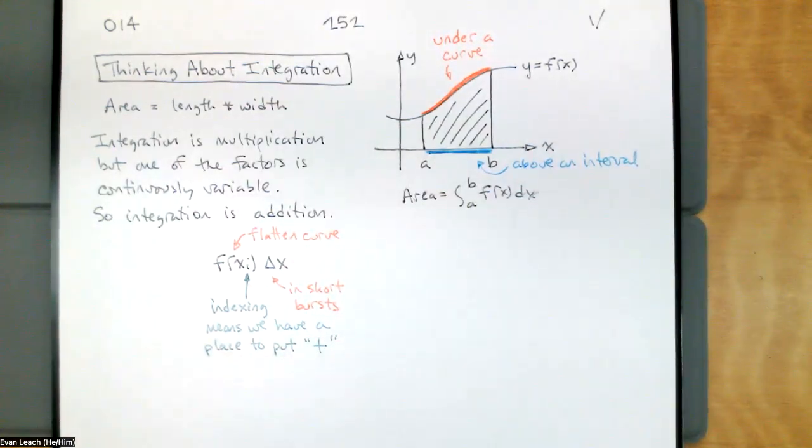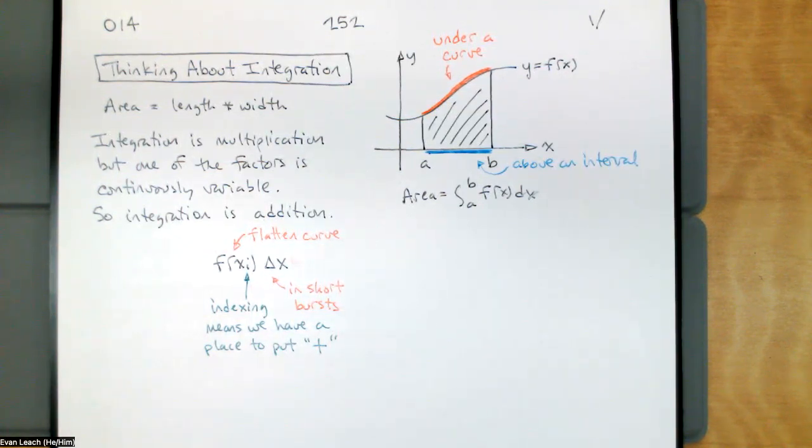So the indexing means we have a place to put the plus. Flattening the curve allows us to use multiplication, length times width. The indexing, doing this a bunch of times, allows us a place to put the pluses. We're now with our nice familiar addition.